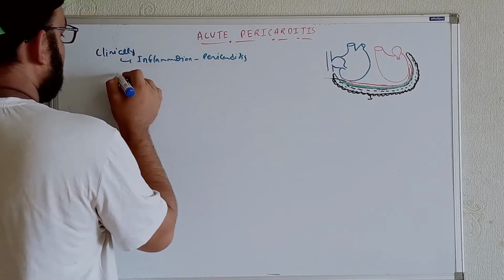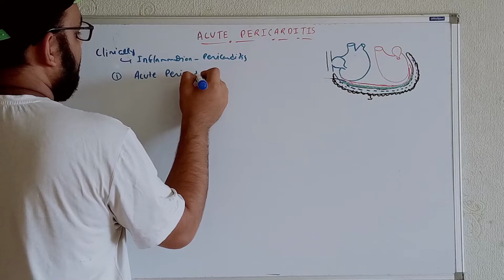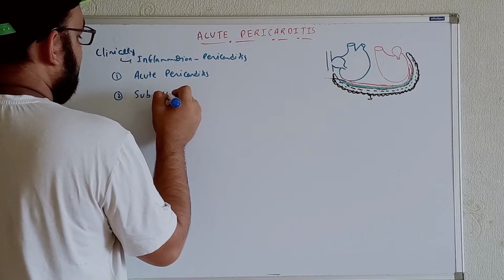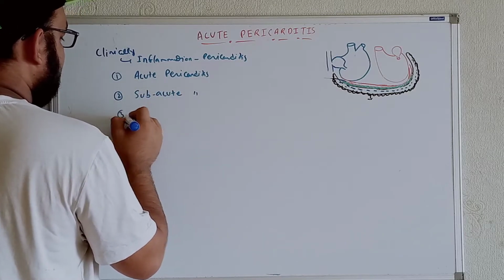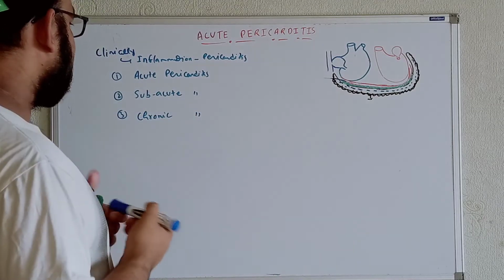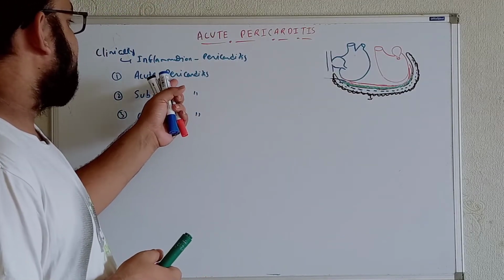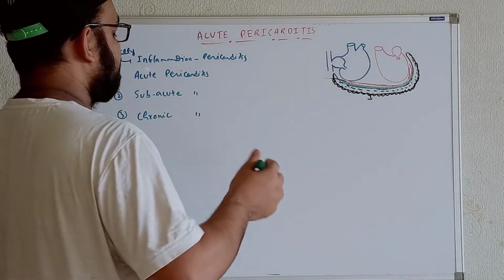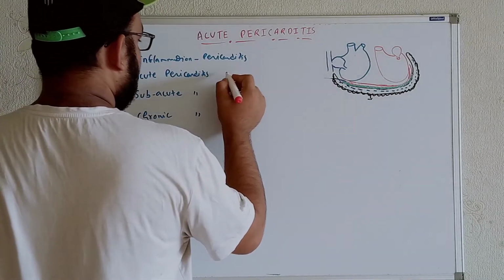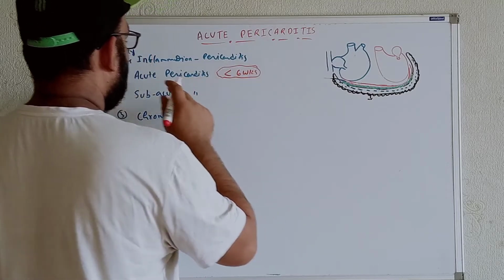into three categories. One, acute pericarditis. Second, subacute pericarditis, and you can get chronic pericarditis. As far as Harrison is concerned, whenever the inflammatory process lasts less than 6 weeks, that is considered acute pericarditis.